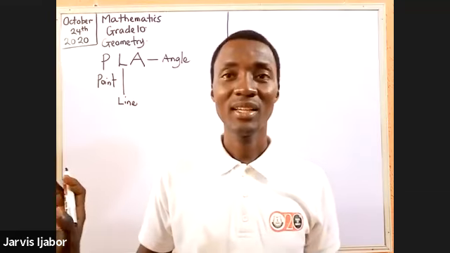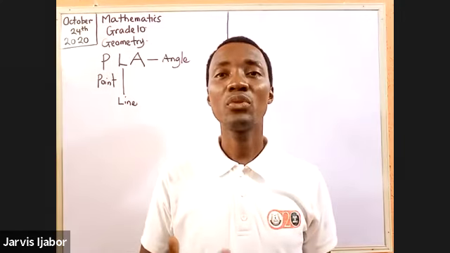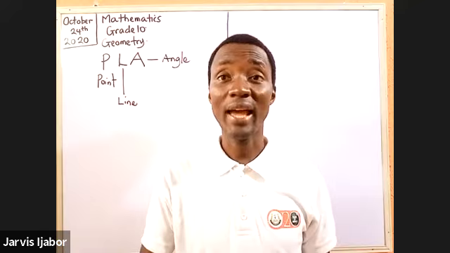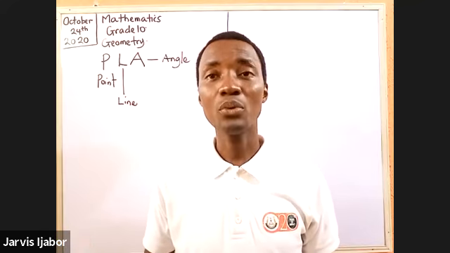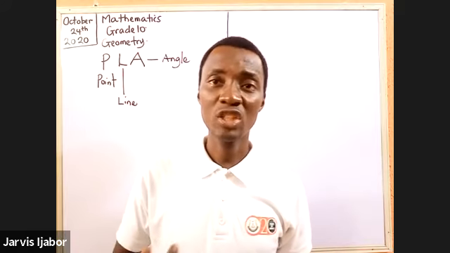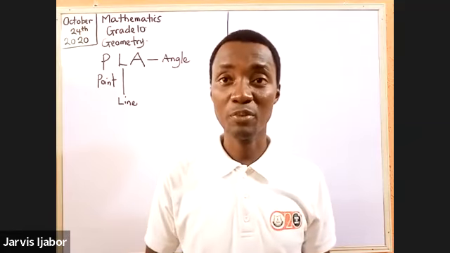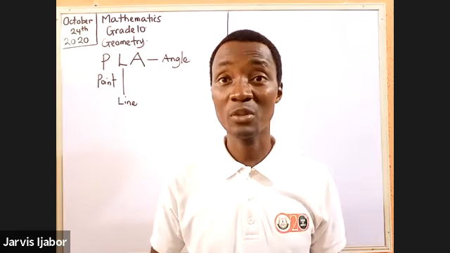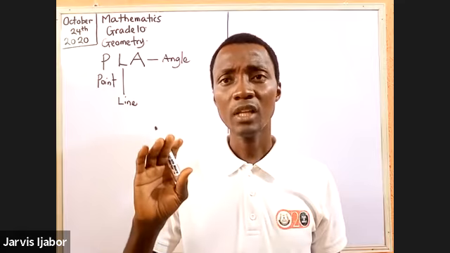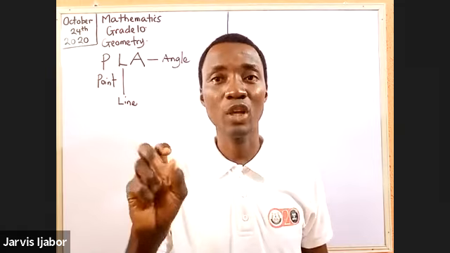Angle. Now, the greatest task for you as a student is to try to find out how do these terms connect? Because I just mentioned a point, I just mentioned line, I just mentioned angle. How do these ideas connect? My experience in teaching mathematics over the years has taught me that a lot of times, students struggle to understand things because they don't have a strong grasp of the concept.